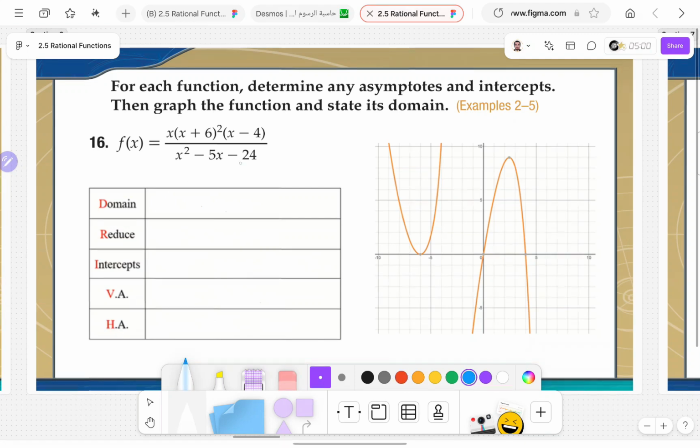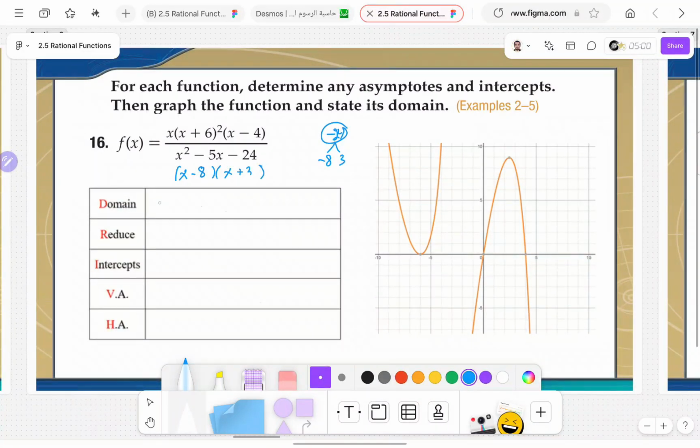So for the domain, we set the denominator equal to 0, but before we set this, let's factor it. What are the factors for the denominator? The factors of negative 24 that will give me negative 5 are negative 8 and 3. So let's write x minus 8 and x plus 3.